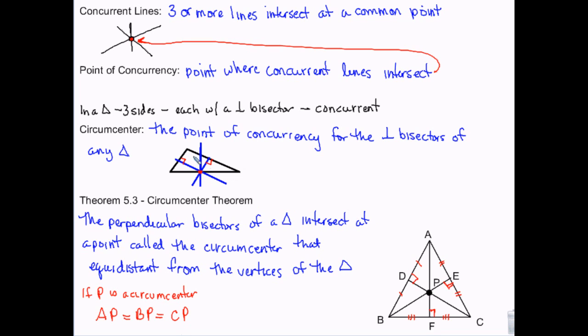So if this is actually a circumcenter, this distance, and this distance would all be the same. So from a circumcenter, the points of the triangle will be all the same distance.